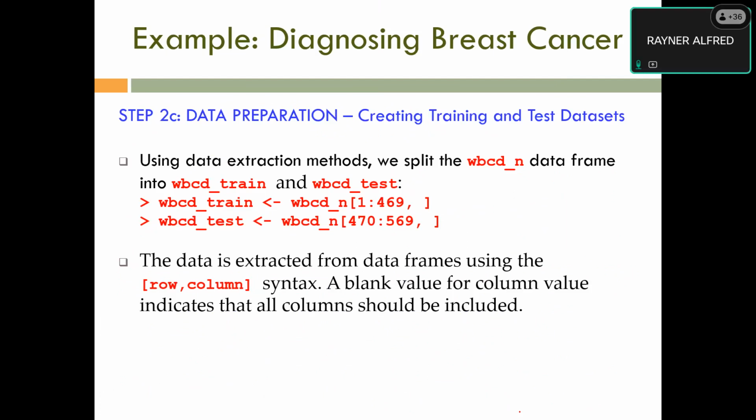Okay, now of course, when we learn about this nearest neighbor, we do not have any modeling here. But for the sake of doing the experiment, we just say, okay, for row number 1 up to 469, we will use that one for training. And for the remaining rows, we will use them for the testing.